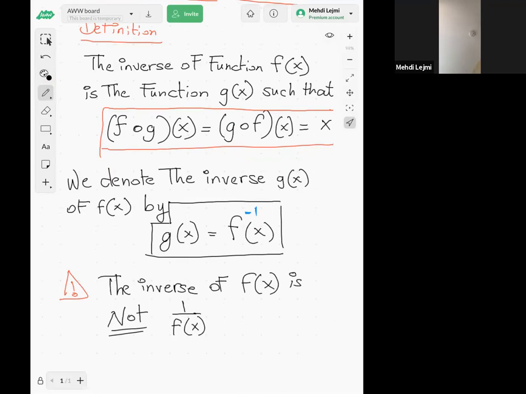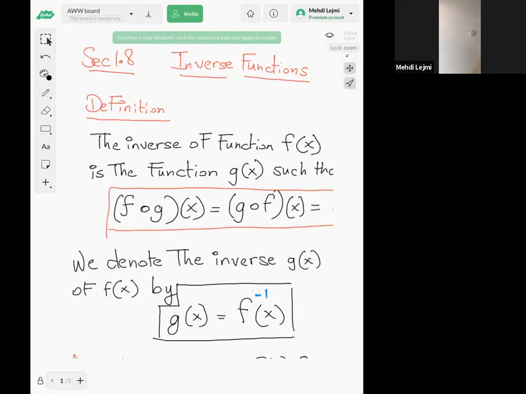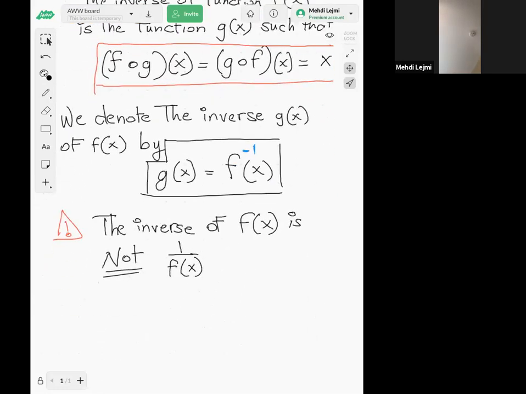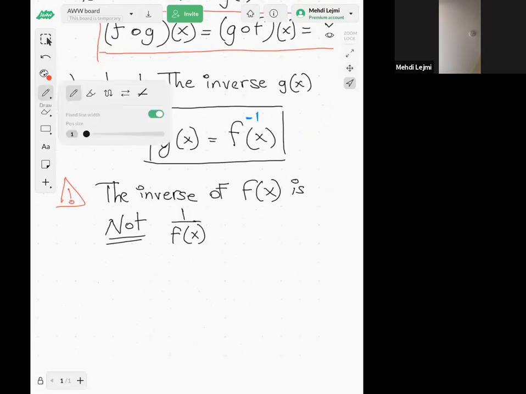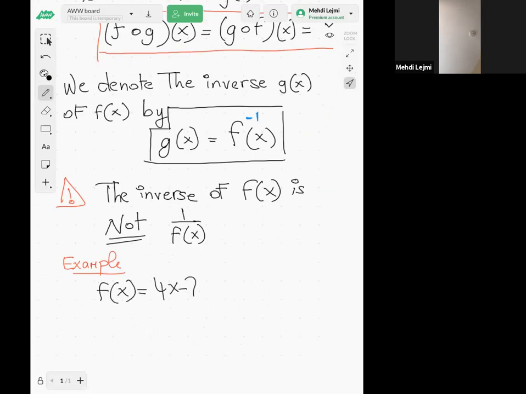All right, so let's have an example. Let's say I have f of x equal to 4x minus 7, right?